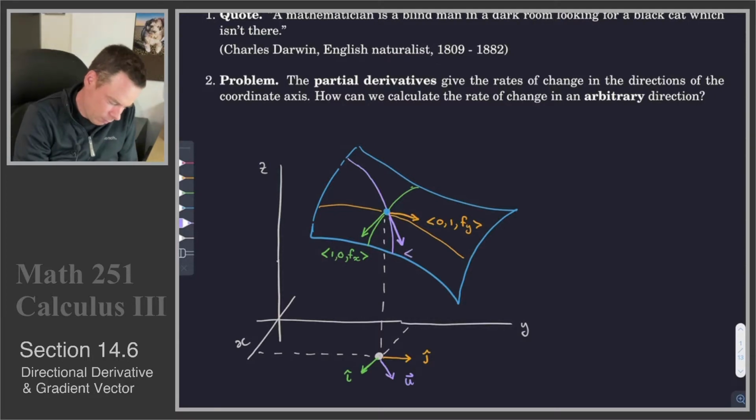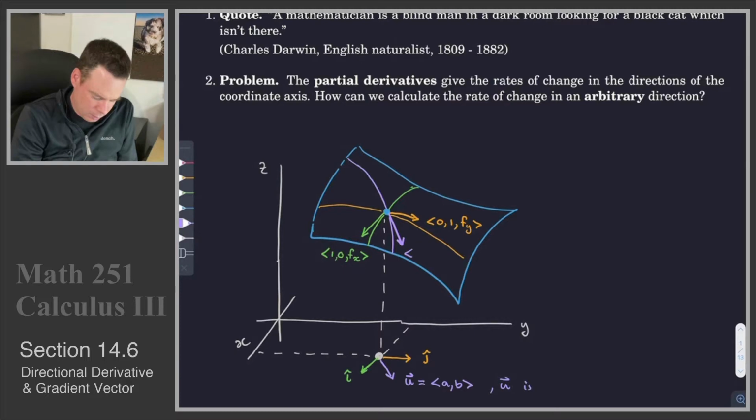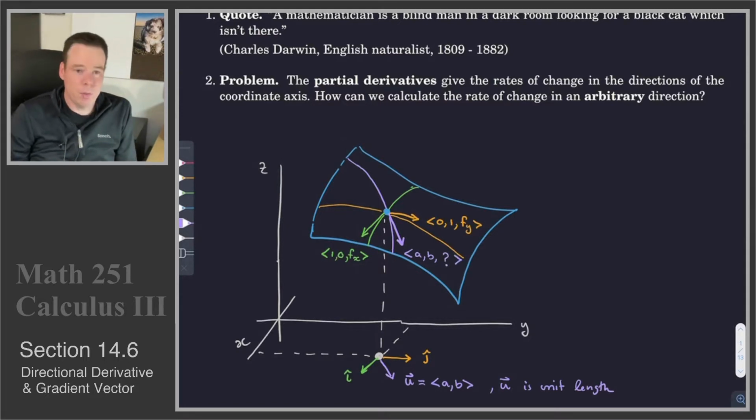So we would have, if this was vector AB, so we're going in the AB direction, where u is unit length, so it's a unit vector, then our tangent vector would be A, B, and then there's some value that would go there. That would be how the z value is changing as I move in the direction of this unit vector u.